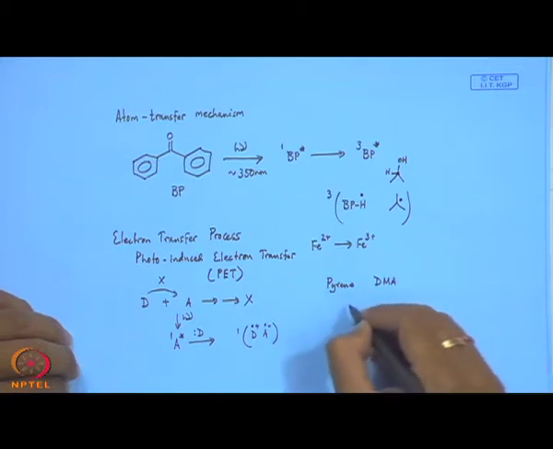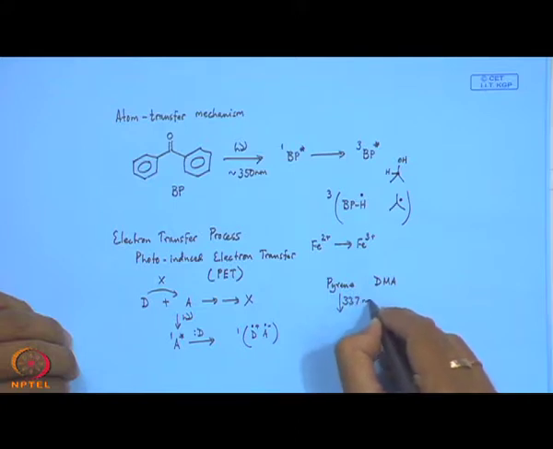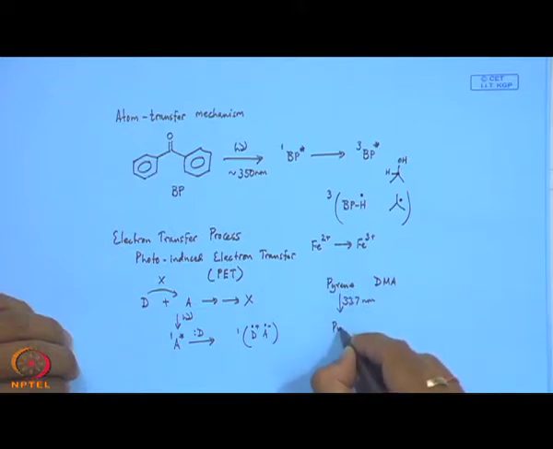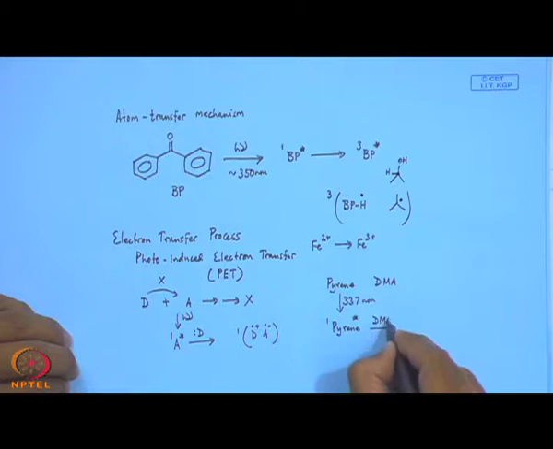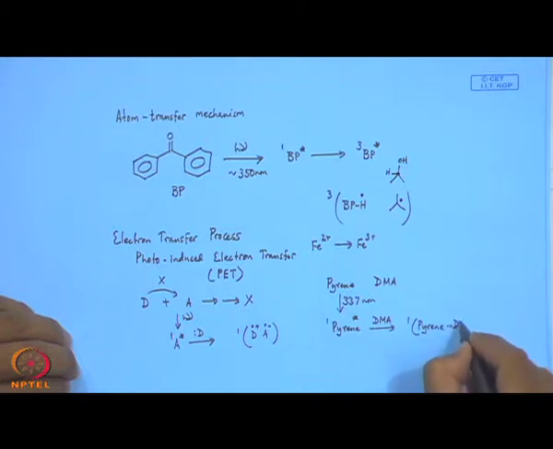You excite pyrene with, say, 337 nanometer radiation, giving rise to pyrene star, maybe in the singlet state, and then you have DMA giving rise to a pyrene DMA radical ion pair, which is also termed pyrene minus dot DMA plus dot, which is called the exciplex.